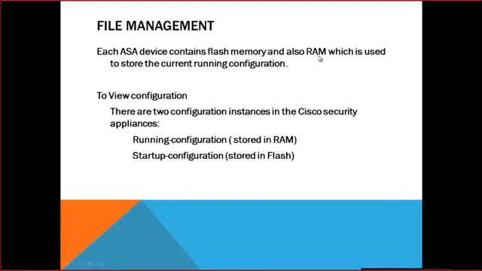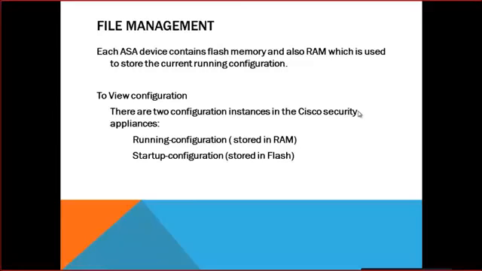RAM is random access memory. It's a temporary storage device, a volatile one. Flash memory is a permanent memory. Whenever you type some commands, they are temporarily saved in the running configuration. When the power is turned off, you lose everything.